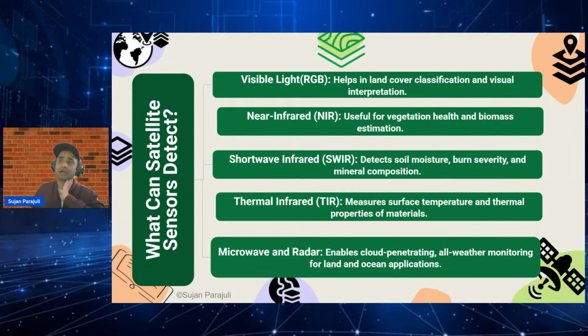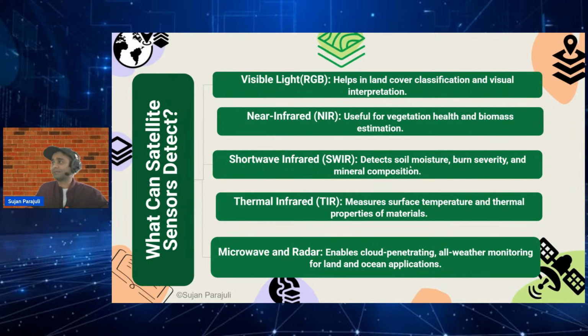So what can a satellite sensor detect? On visible light, just looking at the photo or the imagery, you are able to classify different land cover types. But when we want much more detail, then comes other information, like near infrared, SWIR, and all those kinds of bands. The near infrared band is used for healthy vegetation detection and biomass estimation.